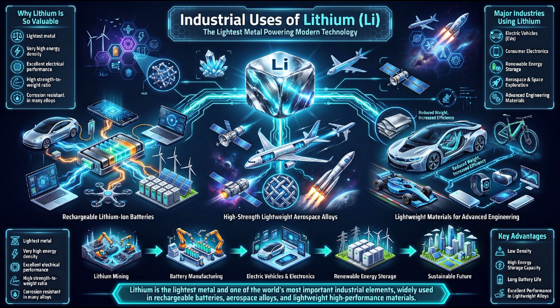Lithium exhibits excellent electrochemical behavior, making it highly efficient in rechargeable battery systems. It also forms strong yet lightweight alloys with aluminum and magnesium, providing outstanding mechanical performance while reducing overall weight. In many applications, lithium-containing alloys also demonstrate improved corrosion resistance and enhanced durability.